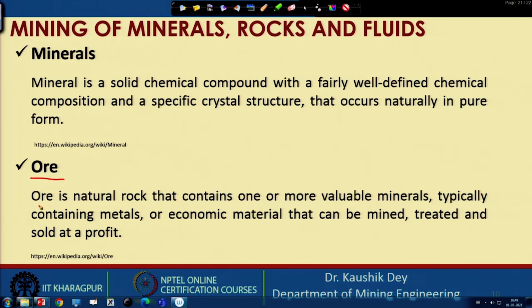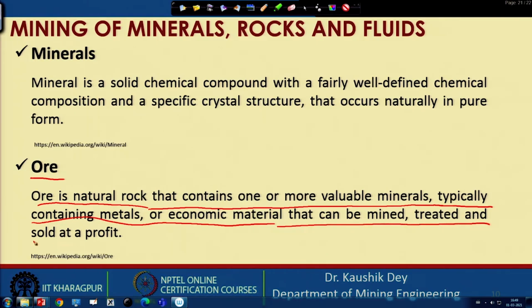So, basically ore is a natural rock that contains one or more valuable minerals, typically containing metals or economic materials that can be mined, treated and sold at a profit. So, if excavation of the material fetches a profit to the organization, then only it can be mined, and when that is mined, that is called ore.